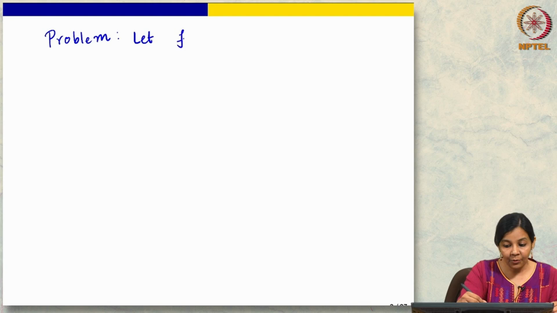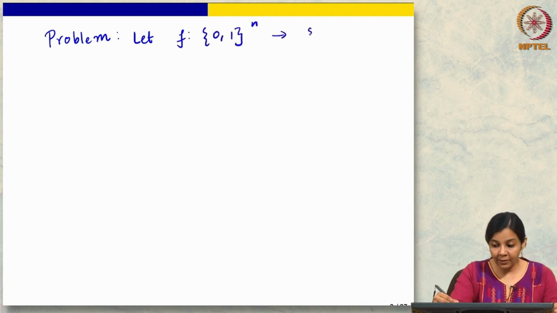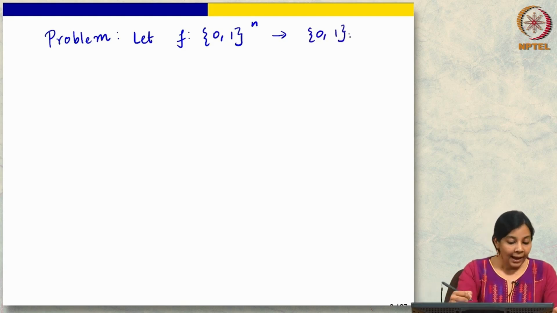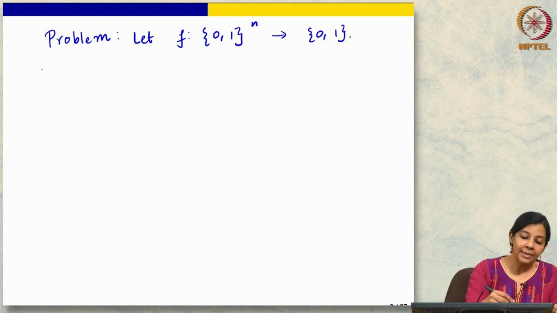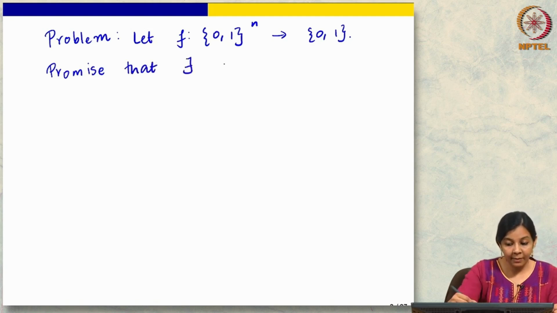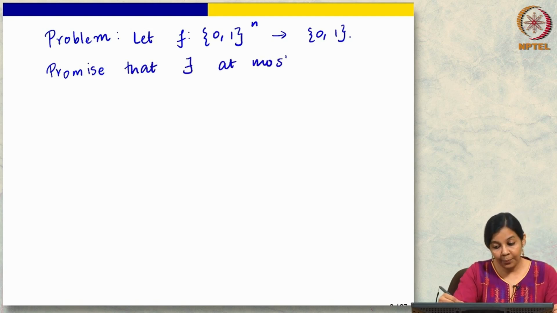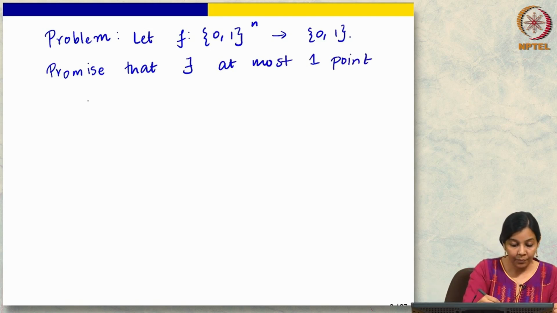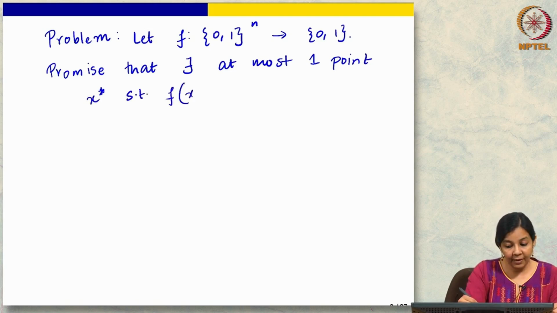Let's say that I have some function f going from 0,1 to the n to 0,1, and for simplicity I will give you a promise that there exists at most one point x star such that f of x star is equal to 1.